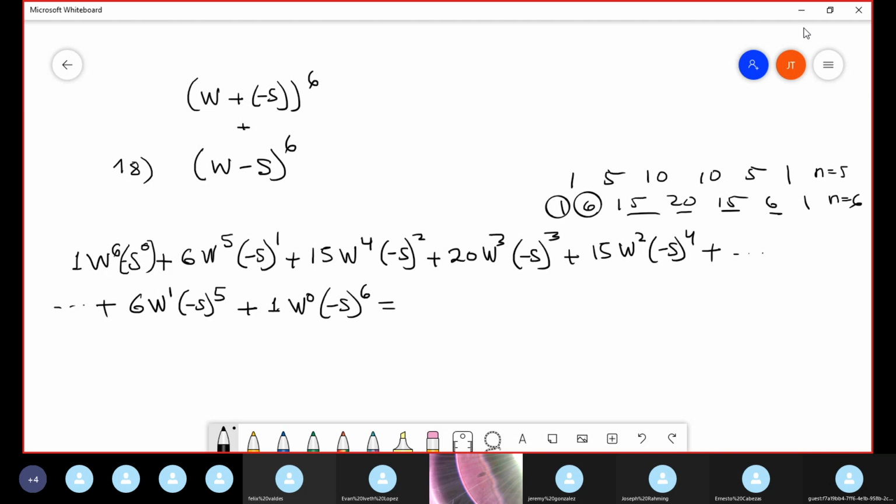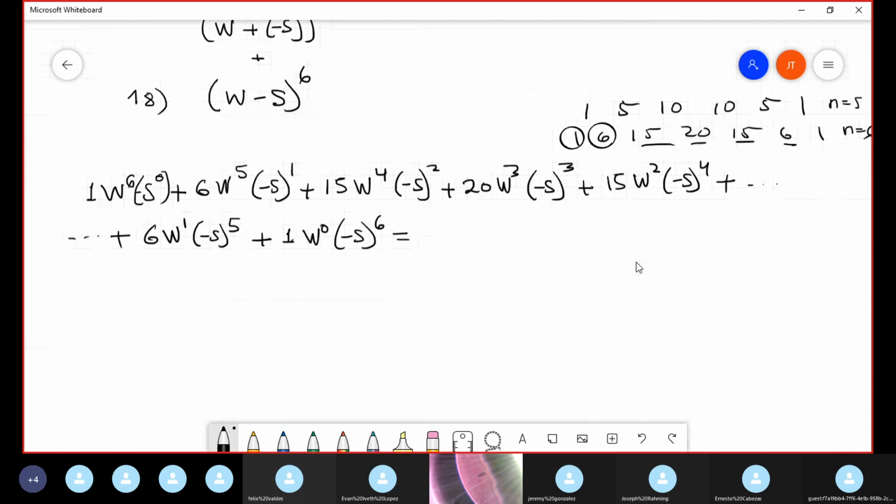Okay, this is my elegant answer. My elegant answer is then w6, this 1 is invisible, this 1 also invisible. This is minus, because minus here to the 1 power, an odd number, is minus: 6w5x. Plus 15, this is positive because the exponent is even, w4x squared.